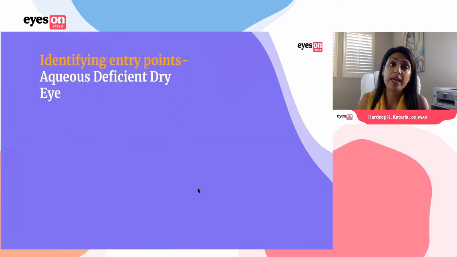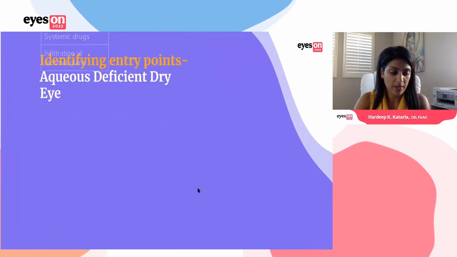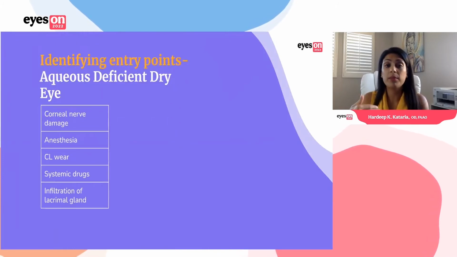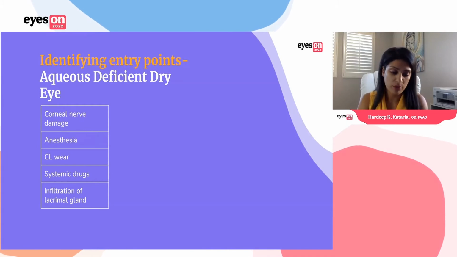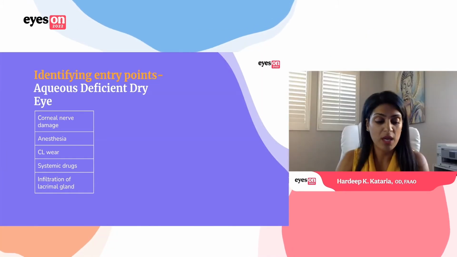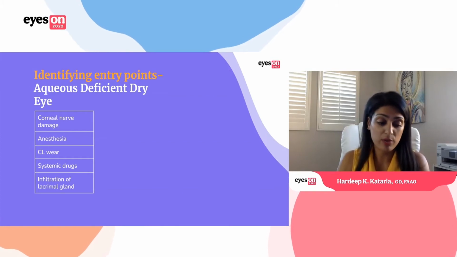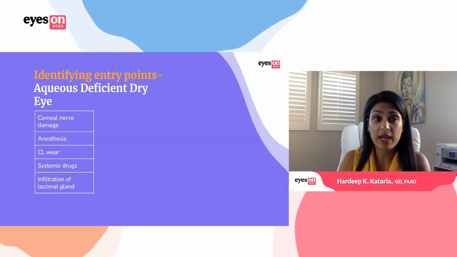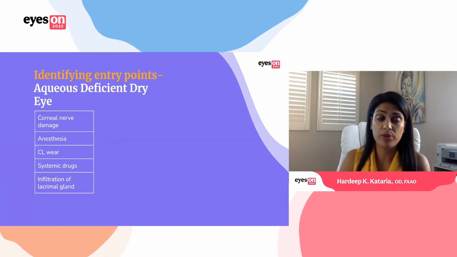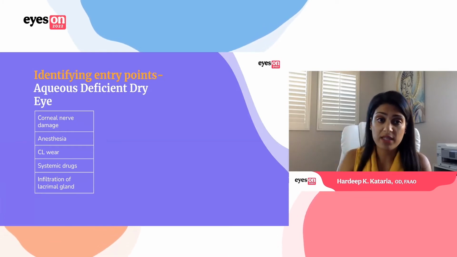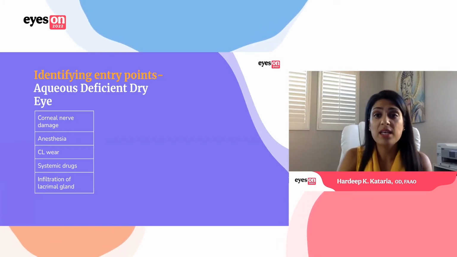When we talk about aqueous deficient dry eye, that is defined as a reduced tear meniscus height or reduced tear volume. Most often it's due to reduced production of aqueous coming from the lacrimal gland. Risk factors for developing a reduced aqueous output are corneal nerve damage, use of anesthesia, contact lens wear, systemic drugs.